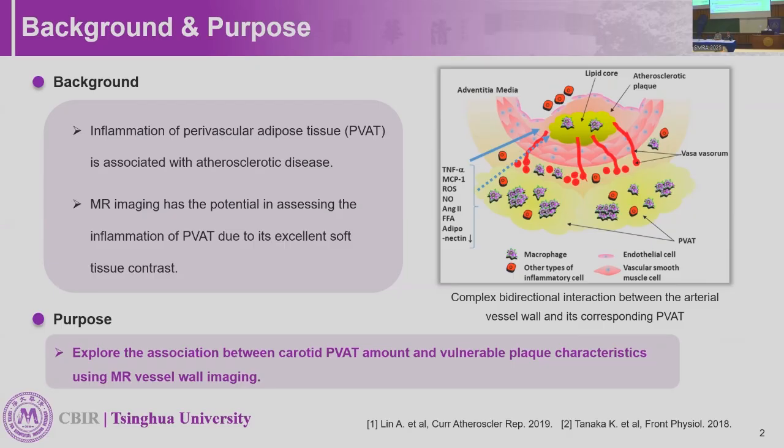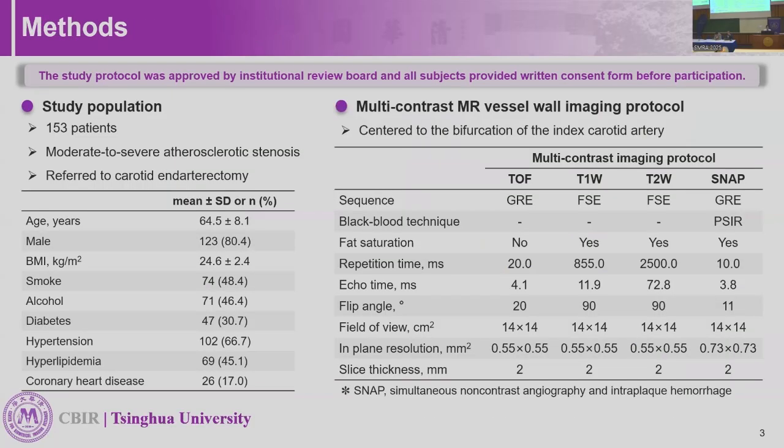MR imaging has the potential to assess the inflammation of PVAT due to its excellent soft tissue contrast. However, there is a lack of evidence for the association between carotid PVAT measured by MRI and vulnerable plaques. Therefore, this study aimed to explore the association between carotid PVAT amounts and vulnerable plaque characteristics using MR vessel wall imaging.